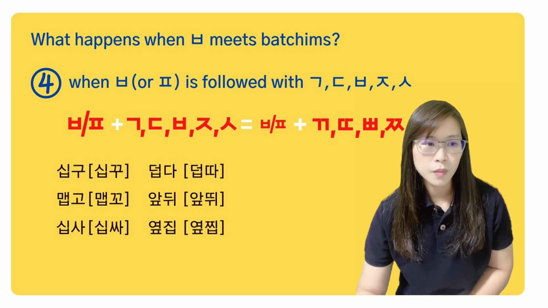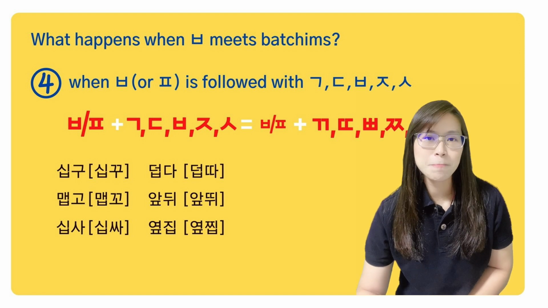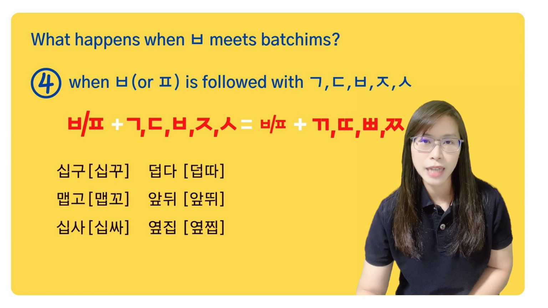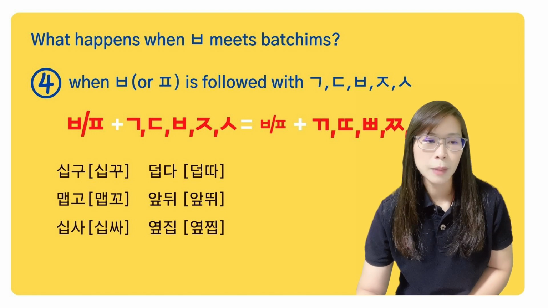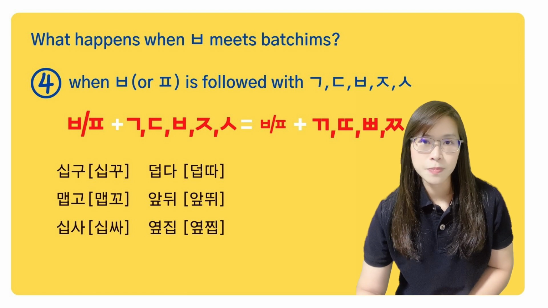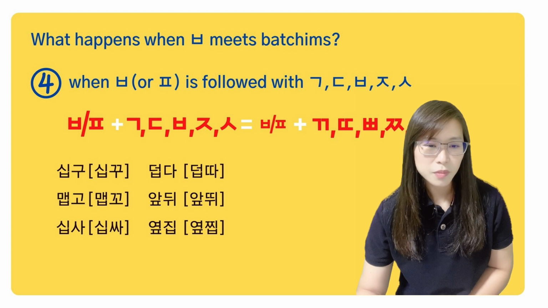Now, 14, double S sound. 덥다, not da but 따. 앞뒤, this is a DD sound. It's not 뒤 but 뒤. And 옆집. It's not 옆집 but 옆집. It's a double J sound. 옆집. Very good.